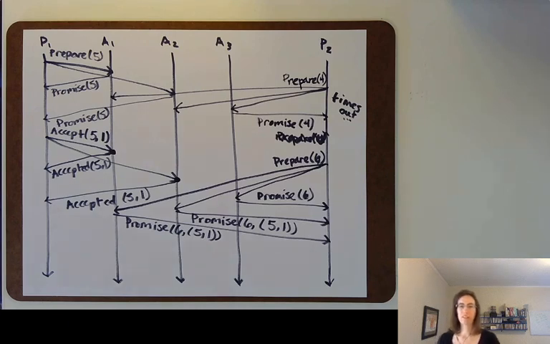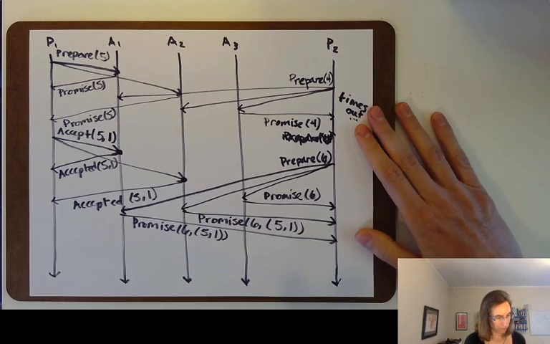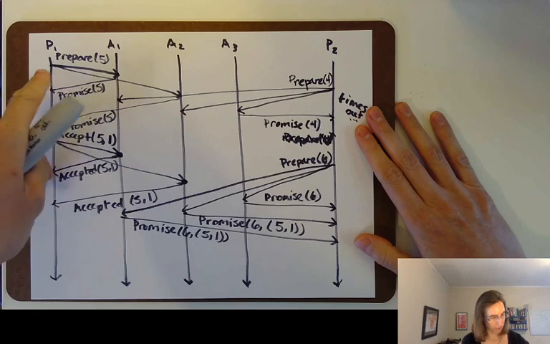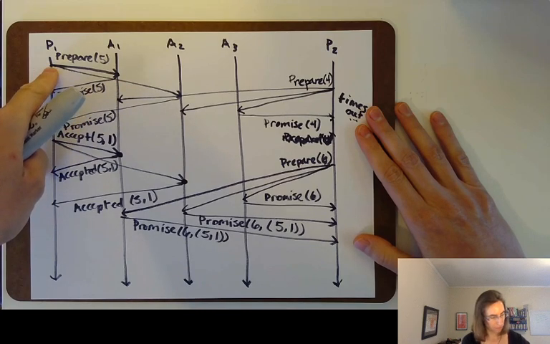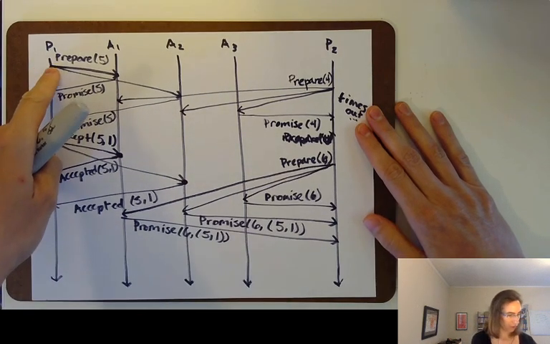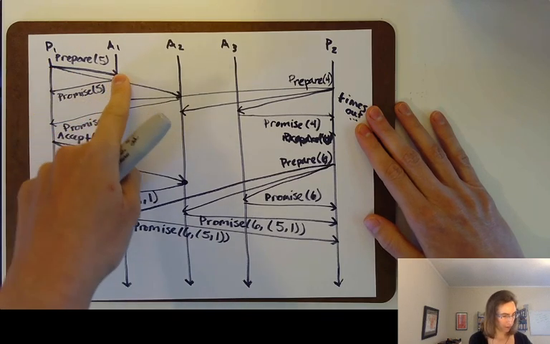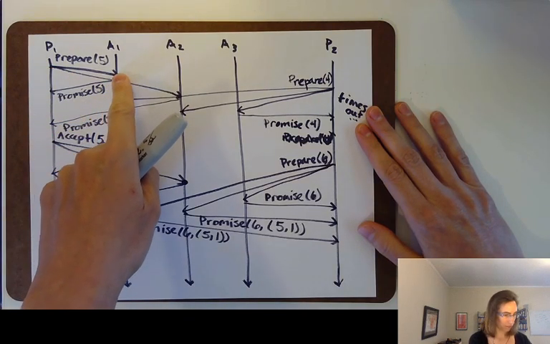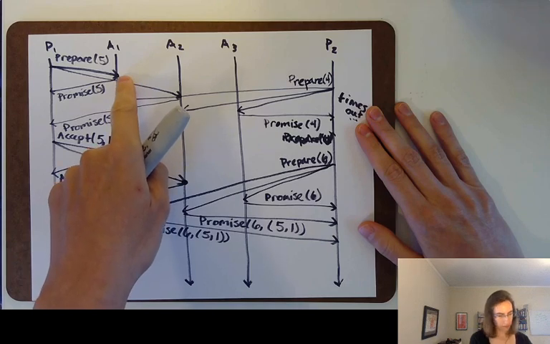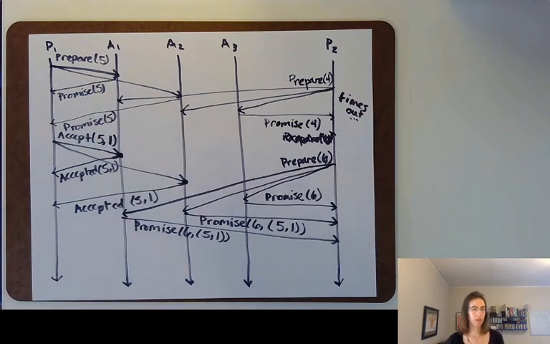All right, I want to go back and look at some of the questions being asked in chat. So one question was, what happens if duplicate prepare n messages are received at an acceptor? Okay, so do you mean from a given proposer? Yeah, so if two instances of prepare 5 came here, then I guess it depends how it's implemented, right?